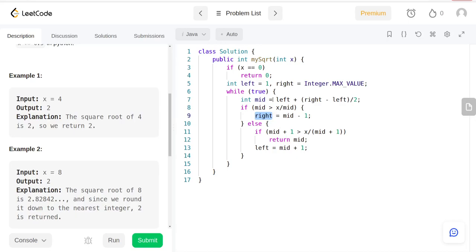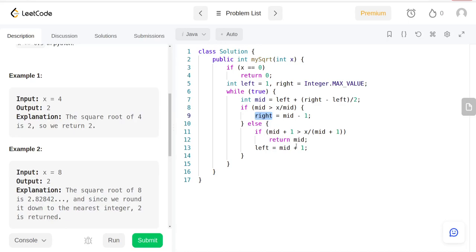Our middle, which we just calculated, the average or the middle point between the left and the right, is too big, because when we divide x by it, the mid we calculated is bigger than x divided by mid. So that would mean that our mid is very high. We're going to say make the right equal to mid minus 1.